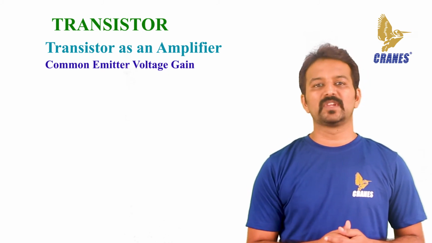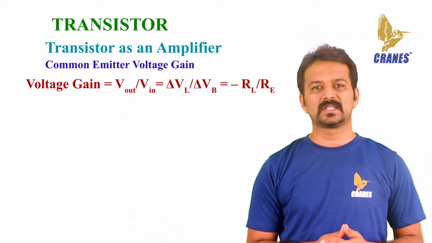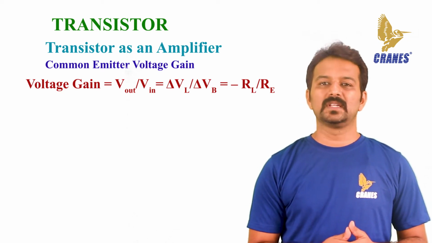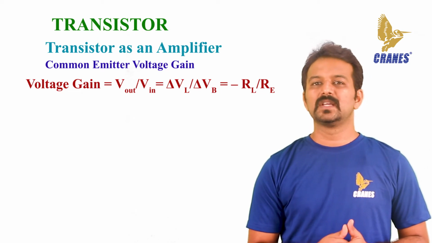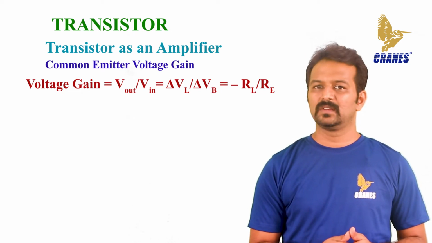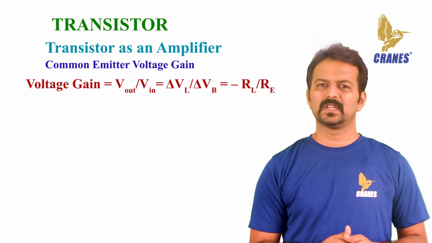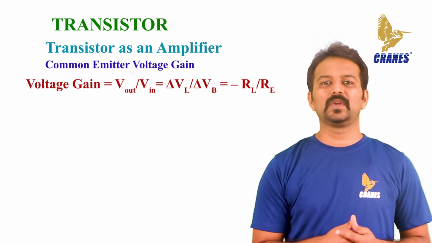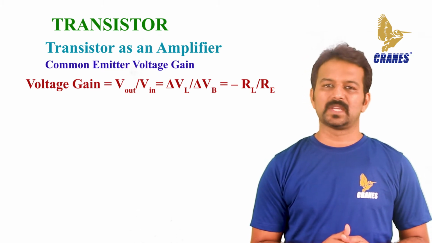In terms of resistances, the voltage gain will be equivalent to the ratio of the signal resistance in the collector to the signal resistance in the emitter. It is given as voltage gain equals Vout by Vin, which is delta VL divided by delta VB, which is minus RL by RE. By using the above equation, we can simply determine the common emitter circuit voltage gain.